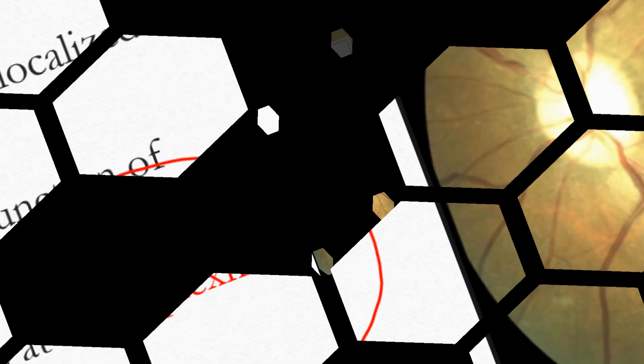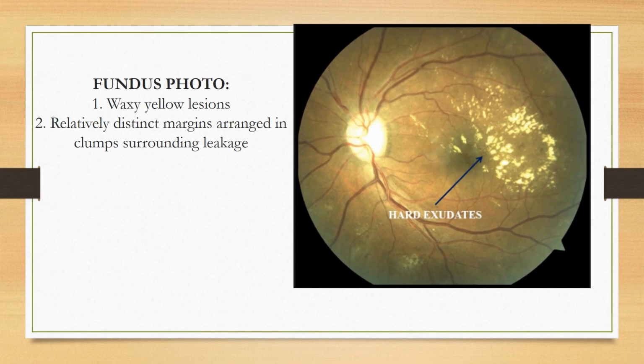This is the normal fundus photograph. Here, hard exudates usually appear like waxy substances, like a clump. For example, the retina is a smooth layer, so if there is too much deposit somewhere, there will be a clump of wastage.